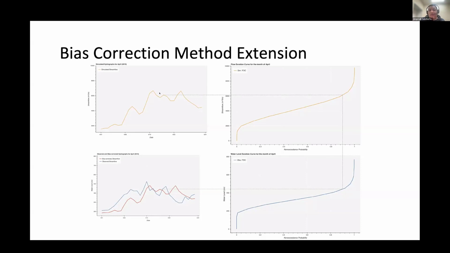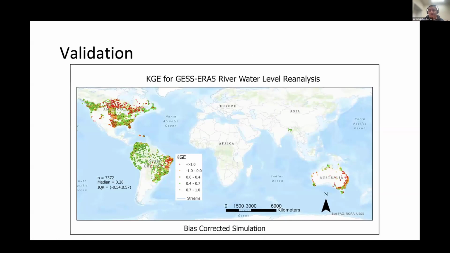We can get from every single simulated value the non-exceedance probability, and with that non-exceedance probability enter into the water level duration curve, getting the water level value that has the same non-exceedance probability as the simulated value. By replacing that value, we now get a water level simulation that has the same shape as the original simulation, and that now is in water level units and in the same order of magnitude as our observed values. And we apply that to a really big network that we have globally.